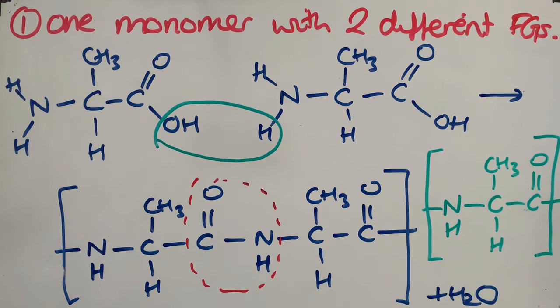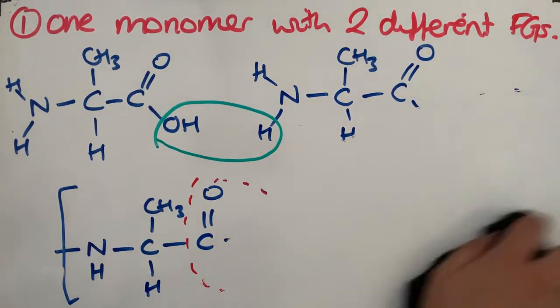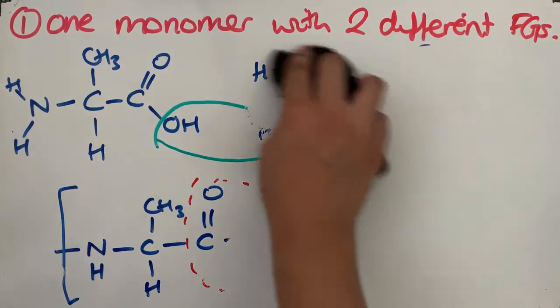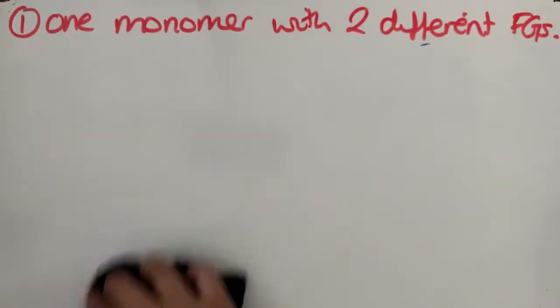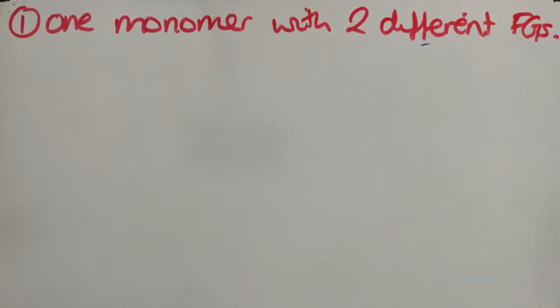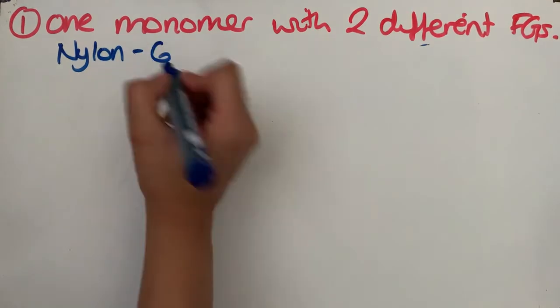Okay, I'm going to do another example, and this is something that you can see done on an industrial scale. So this is to make one type of nylon, and I'm going to be making nylon 6 in this one.